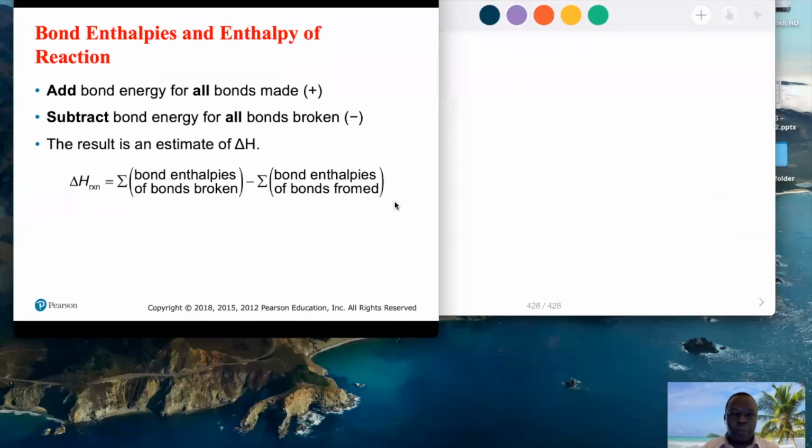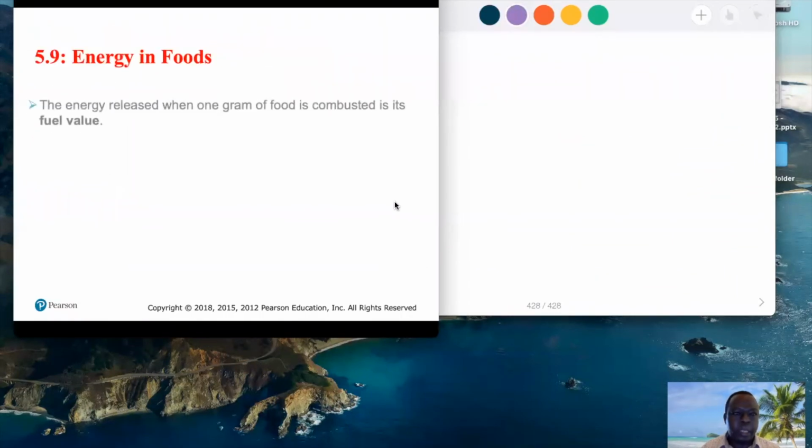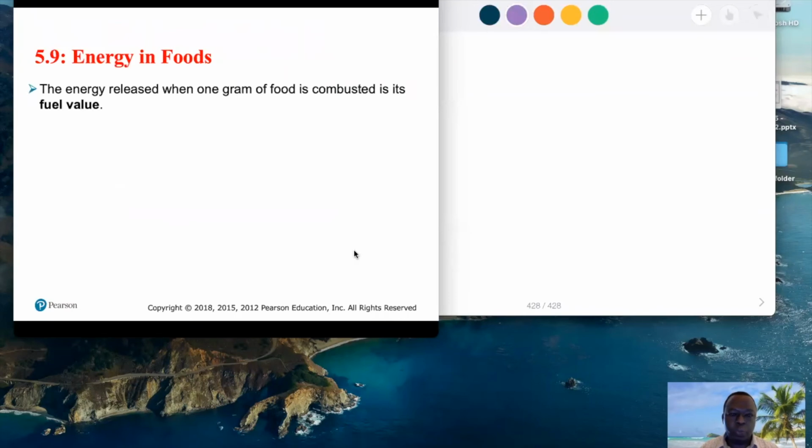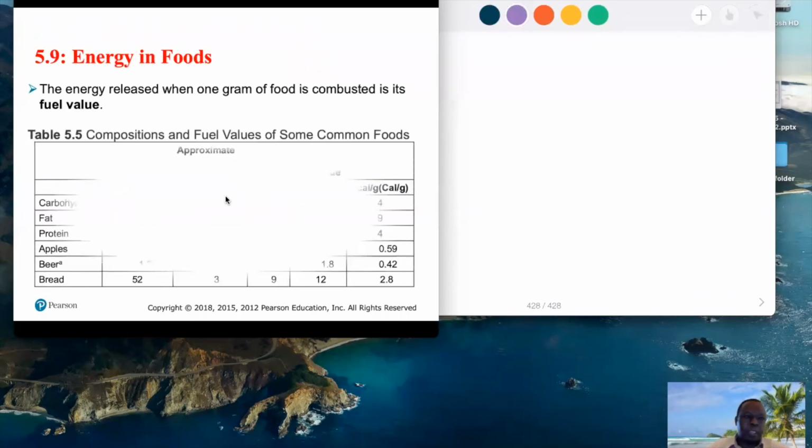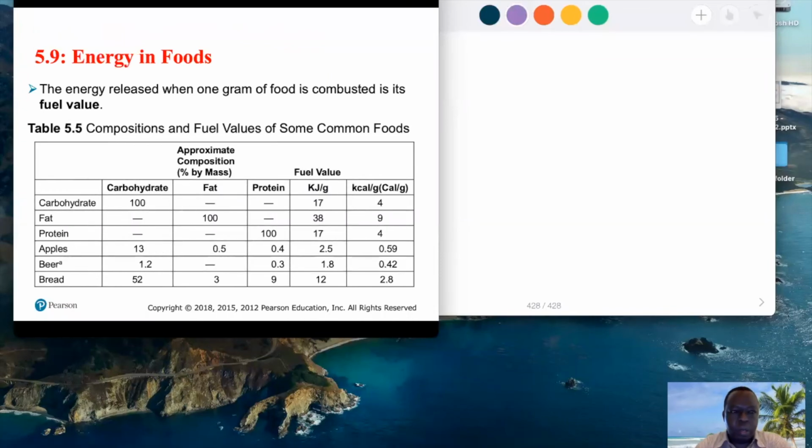So moving forward, this is the easiest. The food we consume has caloric content in energy, and you'll be given these values. In the sense that each type of food, be it carbohydrate, fat, protein, apples, and whatever, the amount of heat given, I mean, the fuel value, in kilojoules per gram or kilocalories per gram.